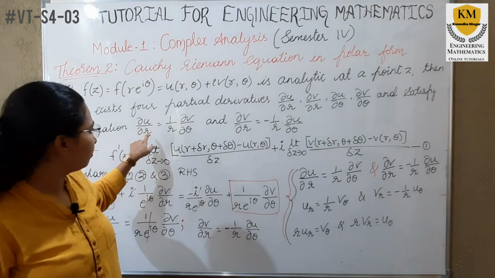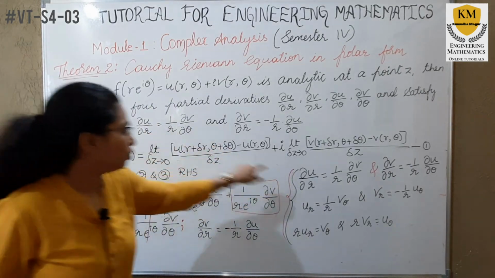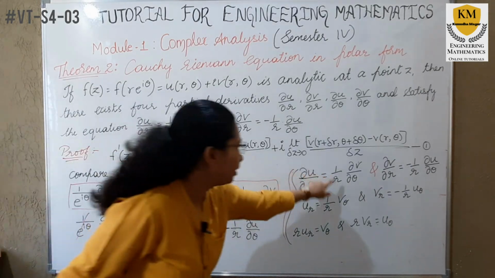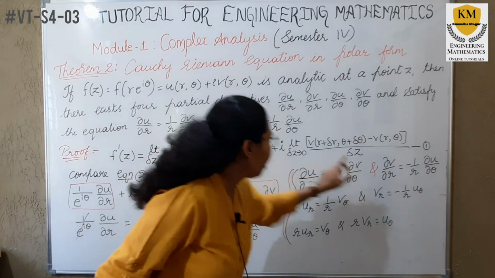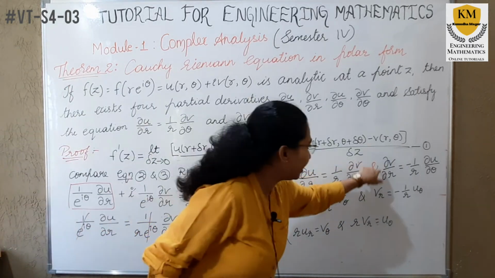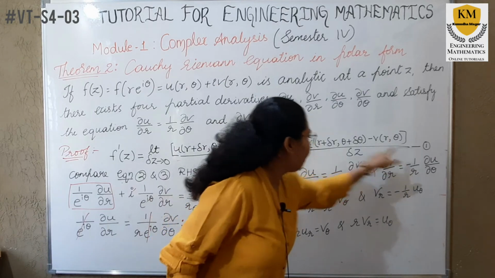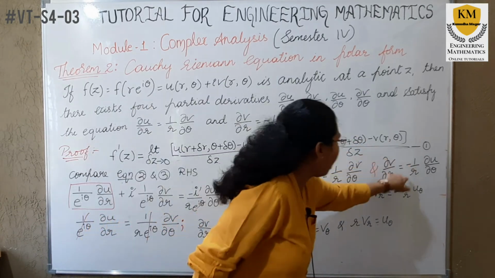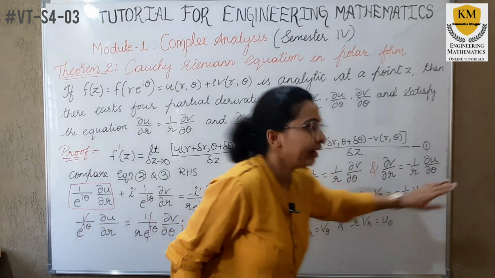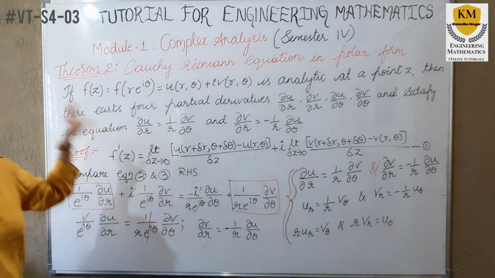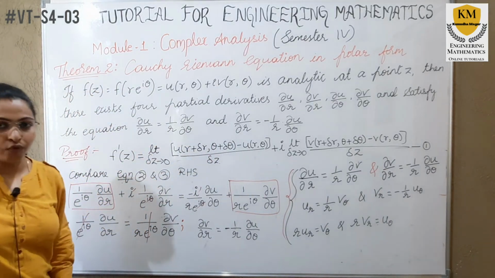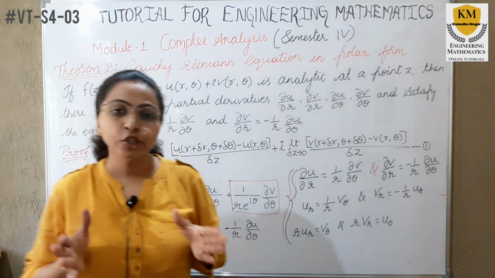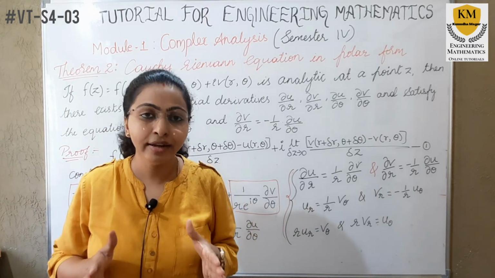You can observe del u by del r is equal to 1 by r into del v by del theta, and del v by del r is equal to minus 1 by r del u by del theta. This says about the CR equation in polar form. Hope everybody understood this theorem very clearly.